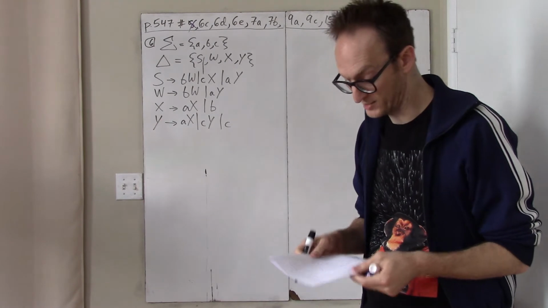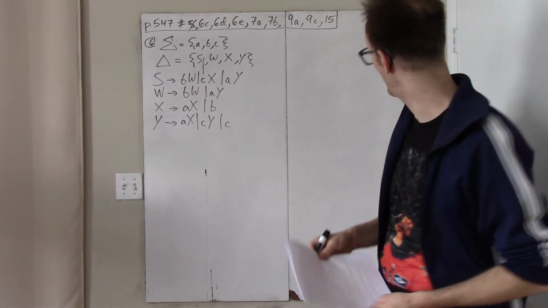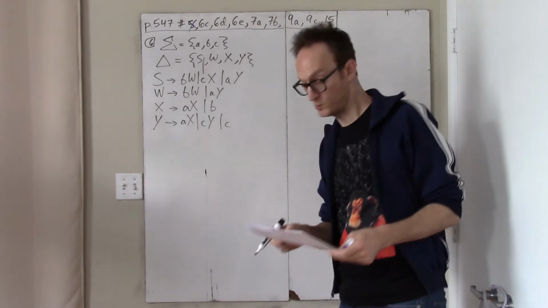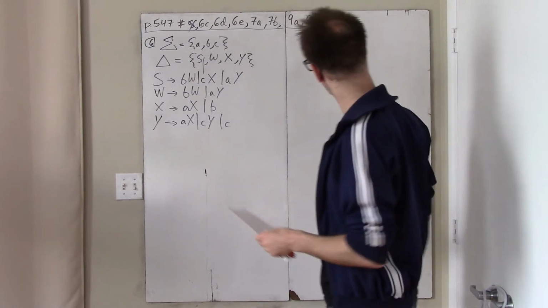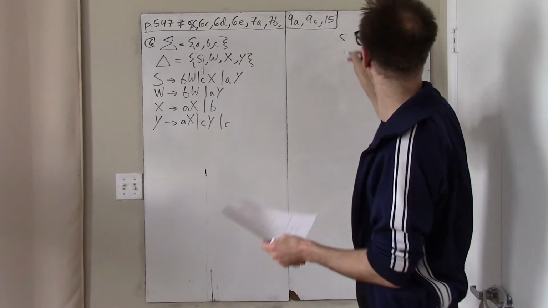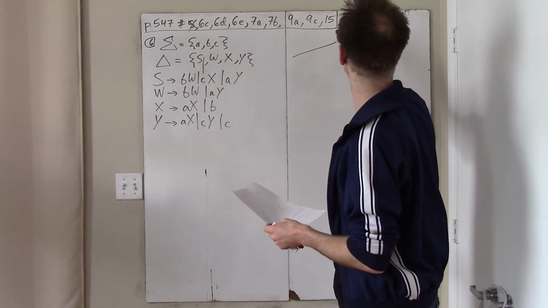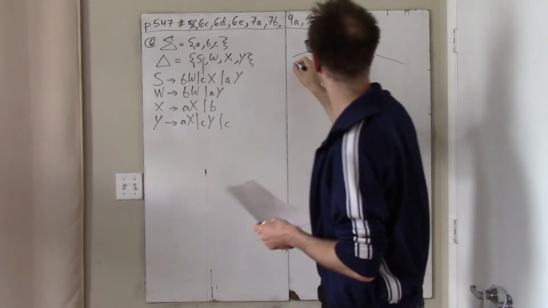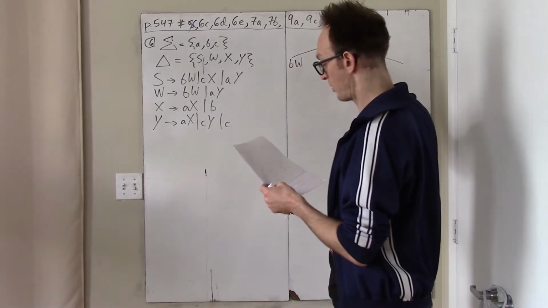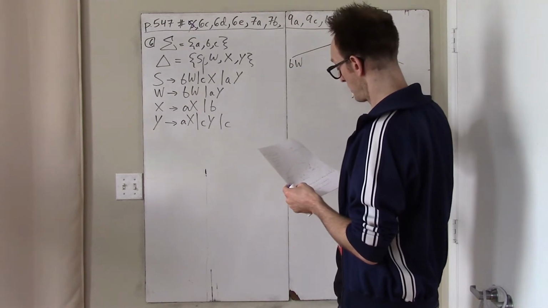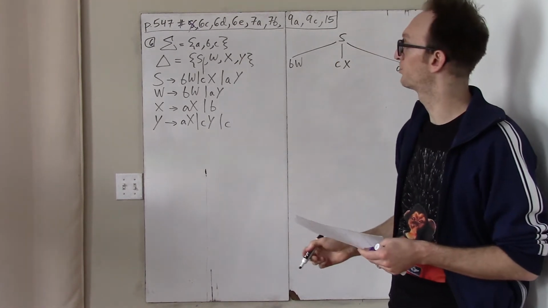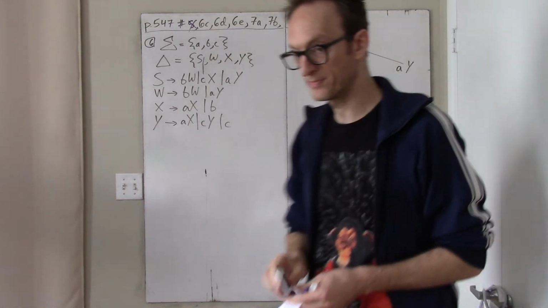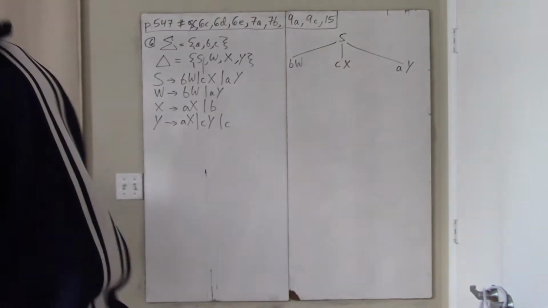That's pretty hard. I went to try to understand this, and I said, oh my gosh, what are we going to do? I have an S over here, and then so many different things can happen. It can go to a BW, or it can go to a CX, or it can go to an AY. And now I started to produce the BW.